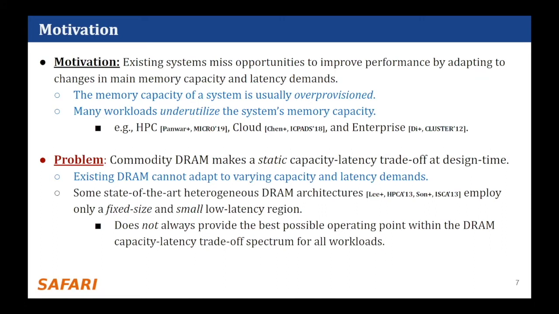Then the fast memory region only takes up about 6.25% of the entire DRAM capacity if the subarray size is 512 rows. So this capacity is obviously too small for those workloads to take advantage of.